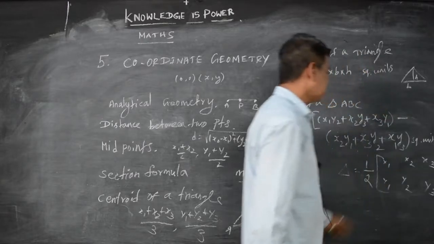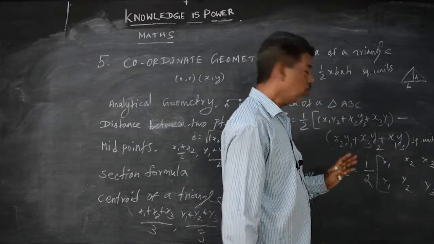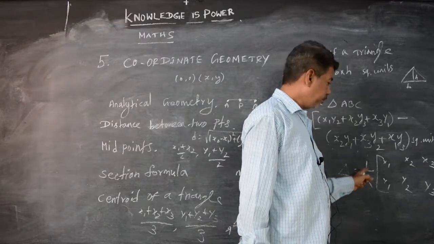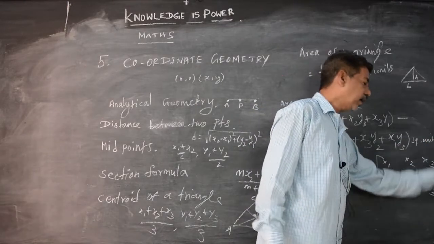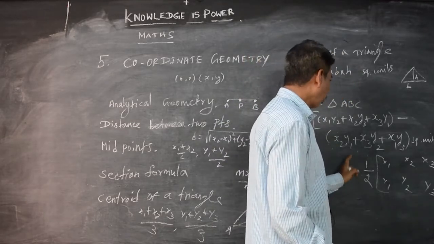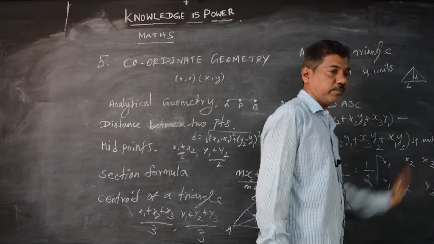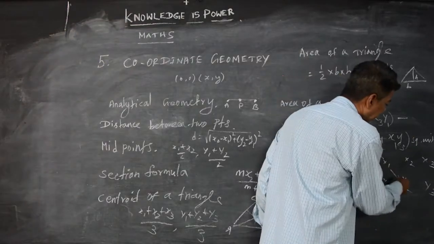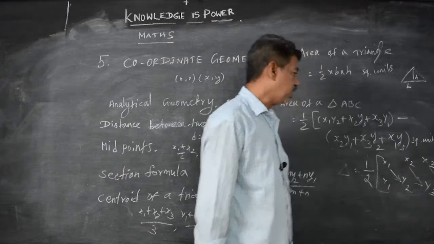If you write like this, the formula is easy to remember. Half, x1 y1, x2 y2, x3 y3, again x1 y1. If you take this, after this it is easy to write. First, you have to write all these things in the first set.